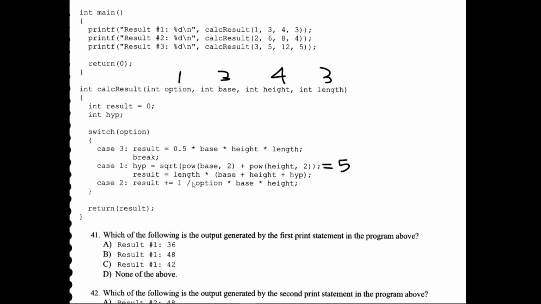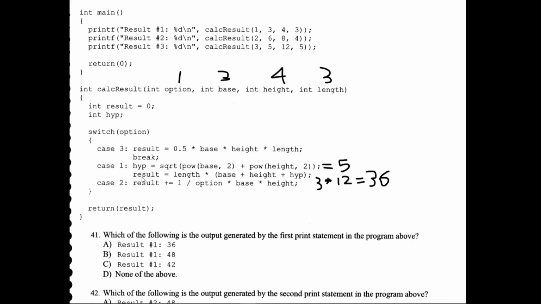Then result is going to be set to length times base plus height plus hypotenuse. Length is 3, so this is going to be 3 times 3 plus 4 plus 5, which is 12. So result will be set to 36.